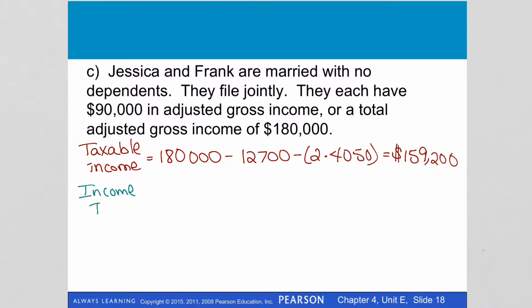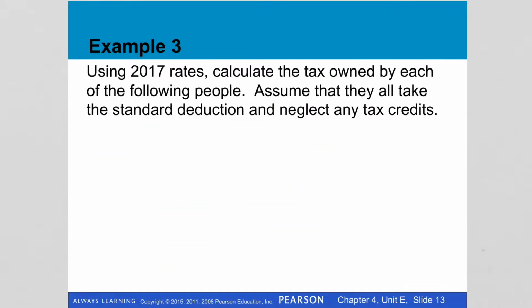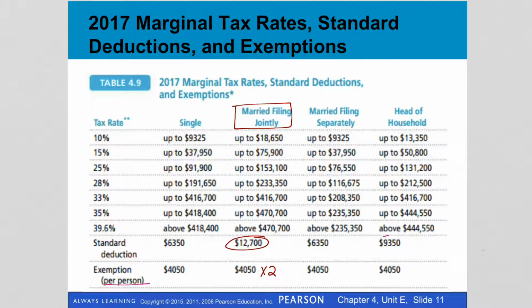Figure their income tax. Let's see. 159. So it's above the 25%. They're in the 28% bracket.